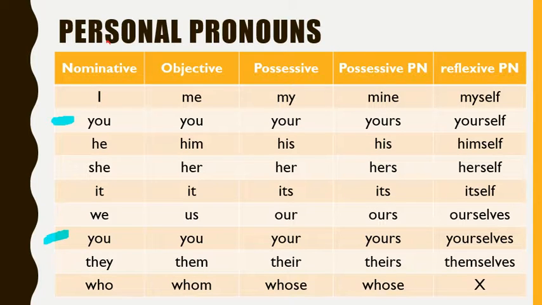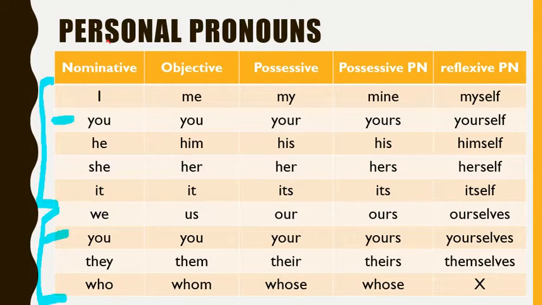And the reason is that the top portion here is all for singular forms and the bottom are for plural forms of the pronouns, whereas the first you is the singular you, and this second you is the plural form of the you. All the different forms of the you are identical, so it doesn't really make a difference, except for the reflexive. Yourself in the singular has self in it, but if you need a plural, that would be yourselves. So that's something to keep in mind.